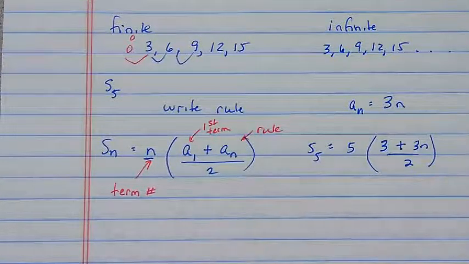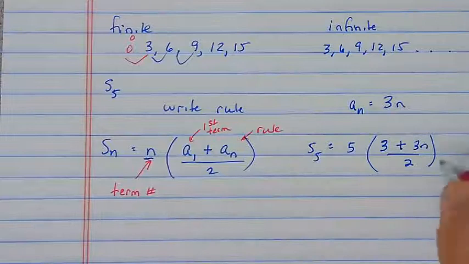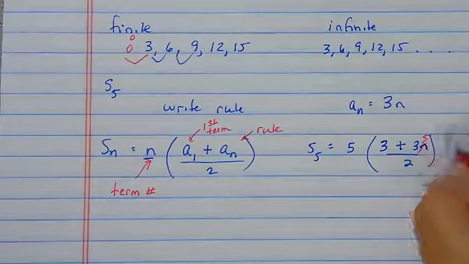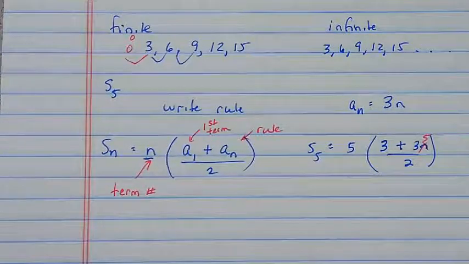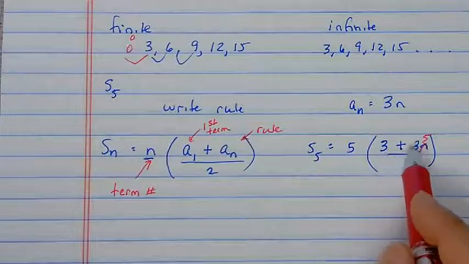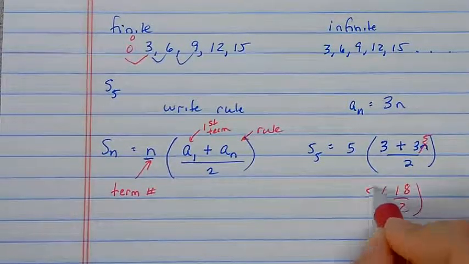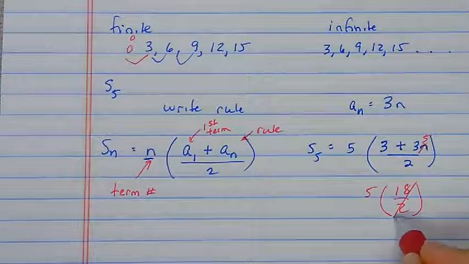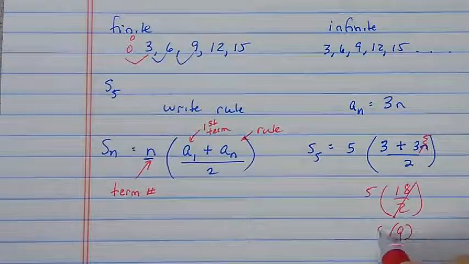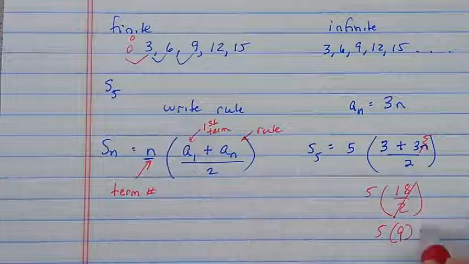And then in place of the n, since I'm finding the first 5 terms, I'm going to put a 5 where this n is. So I've got 3 plus 15, which is 18, divided by 2, times 5. And 18 divided by 2 is 9, and 9 times 5 is 45.